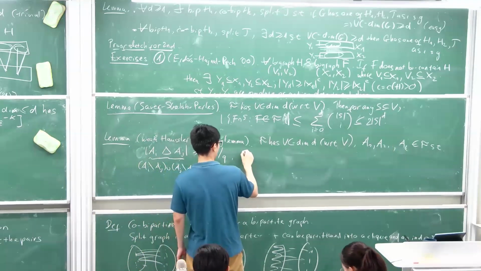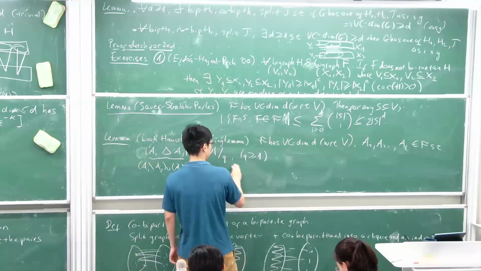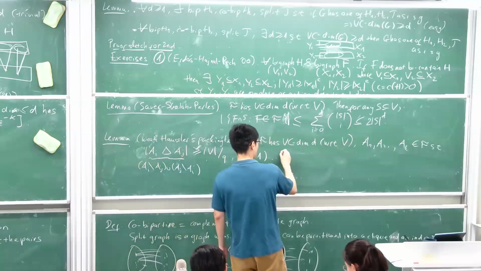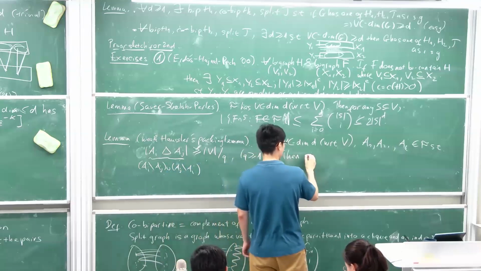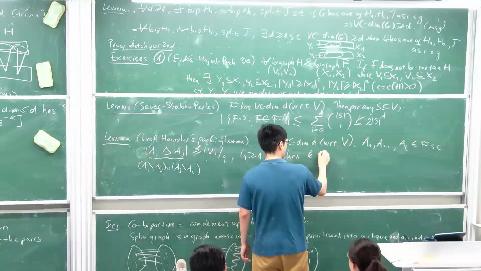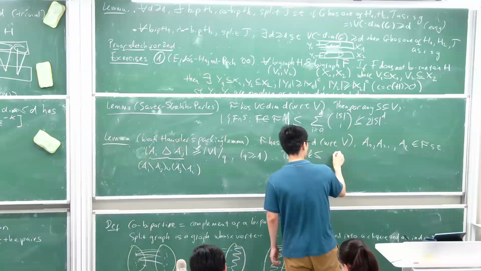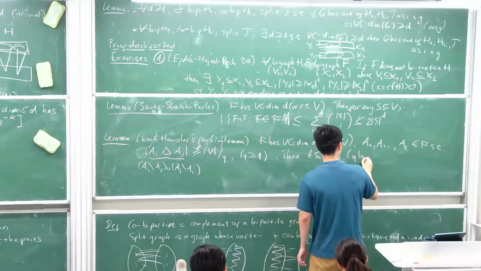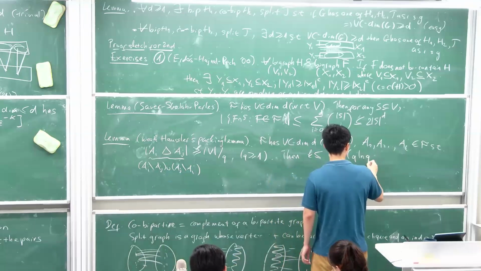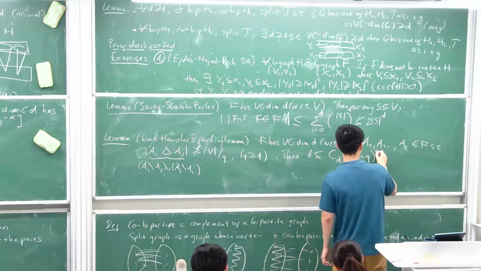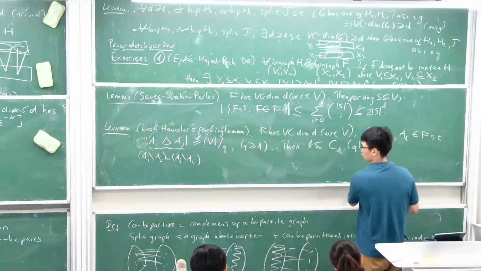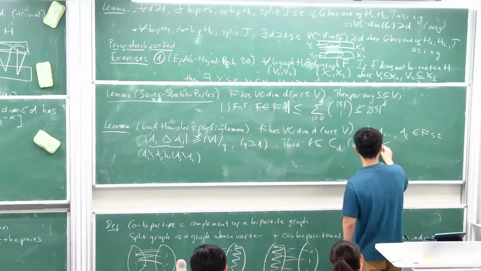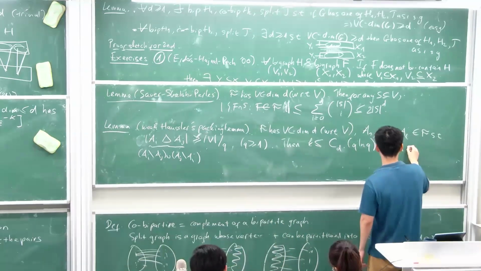Here Q is a number greater than one. Then K cannot be too large: K is at most some constant depending on D times Q log Q raised to the power D, if Q is sufficiently large.